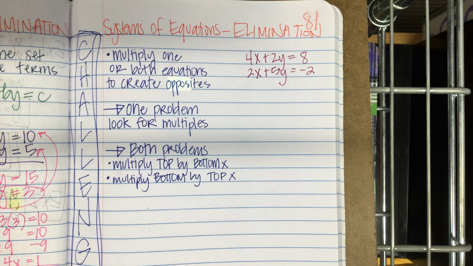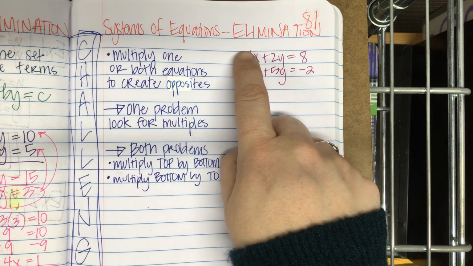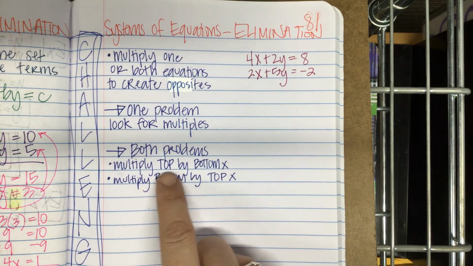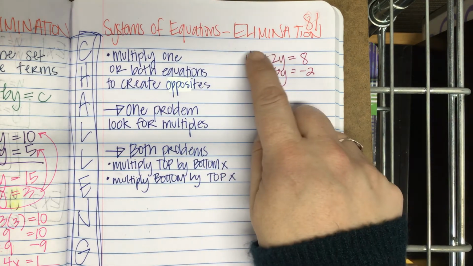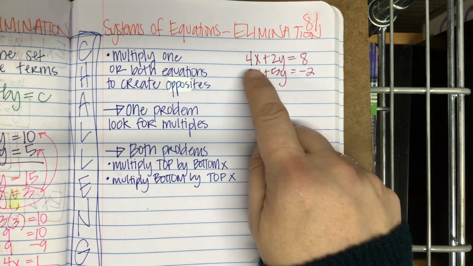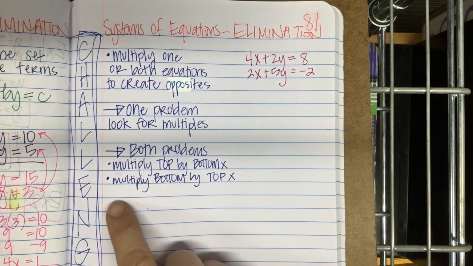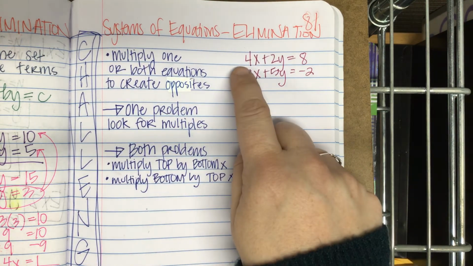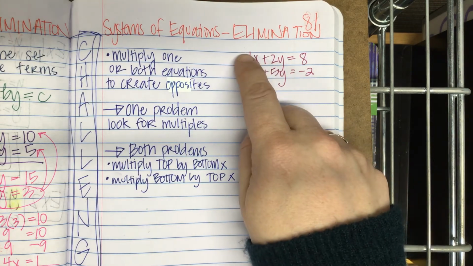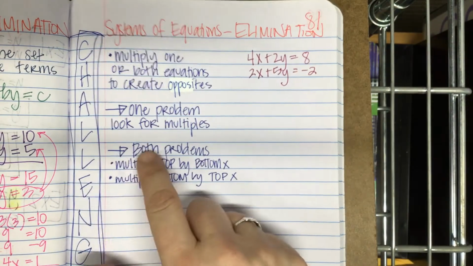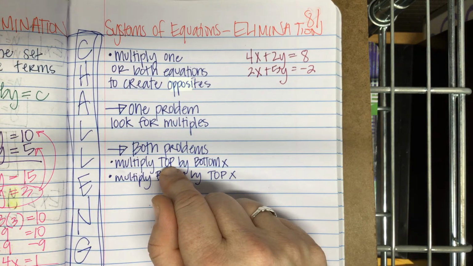If you say, Mrs. Long, I'm not really good at multiples, you could do both of them. Let's pretend that there isn't a multiple. I could multiply this top equation by the bottom x coefficient. This entire top equation could get multiplied by 2. And this bottom equation could get multiplied by 4. I could do this every single time and it would work.